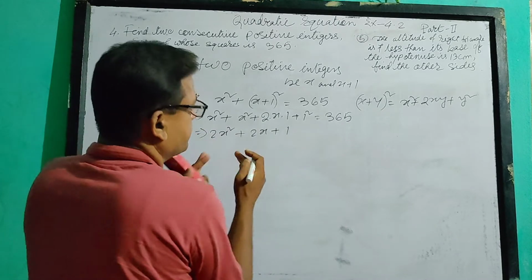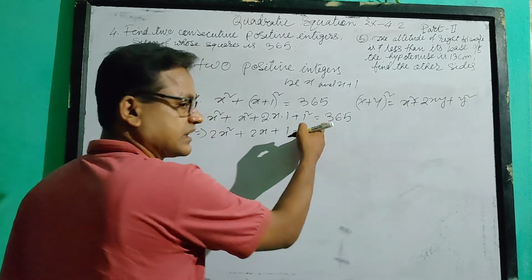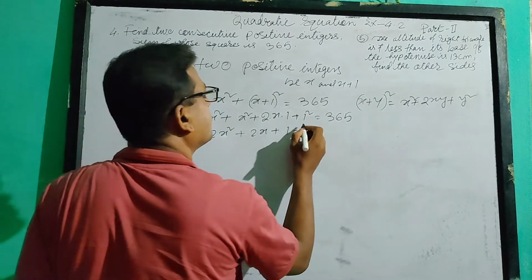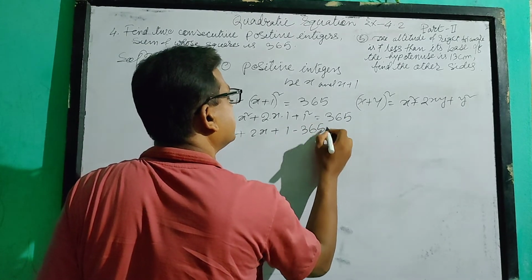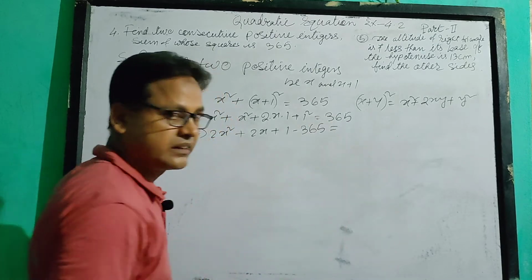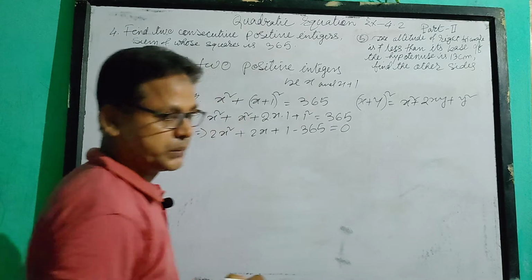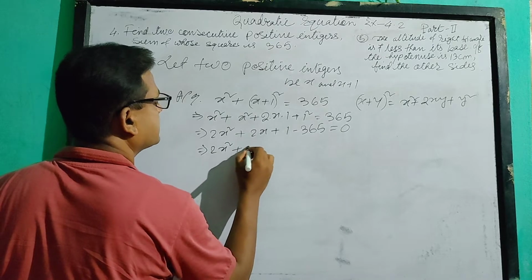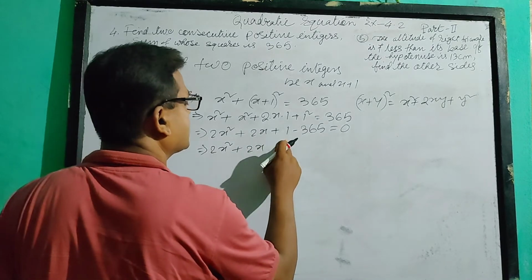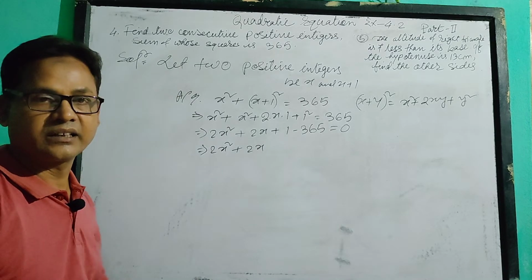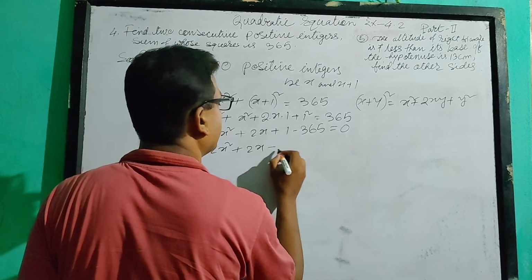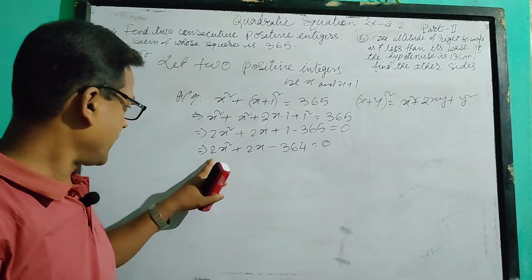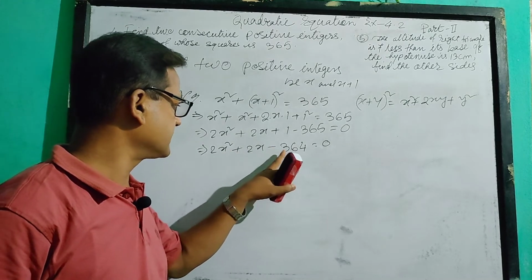Take it to the left side; there is no sign, which means positive 365. On the left side this will make minus 365, and the right side becomes 0. Now see, 2x square plus 2x minus 364.